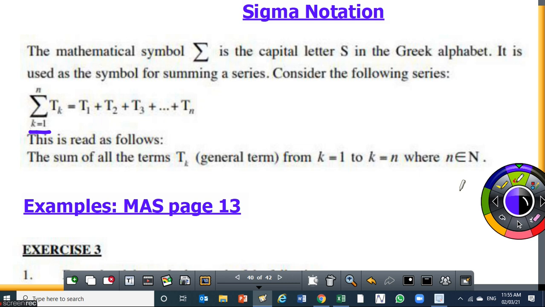K equal to 1 represents the position of the first term, and that n on top there represents the position of the last term.